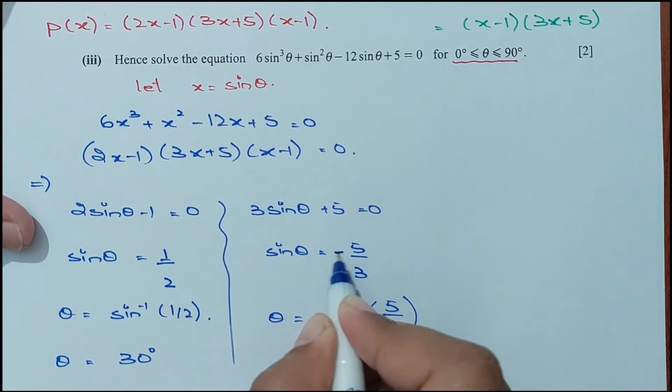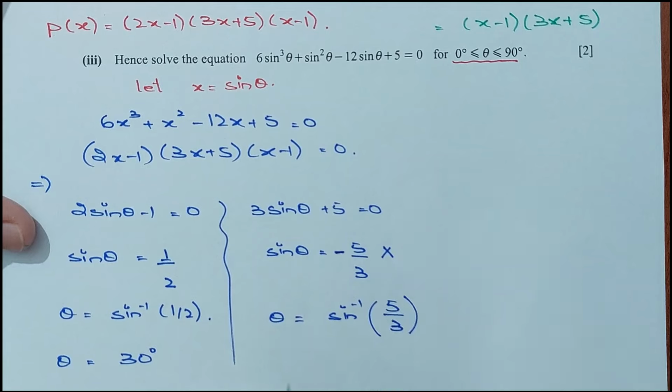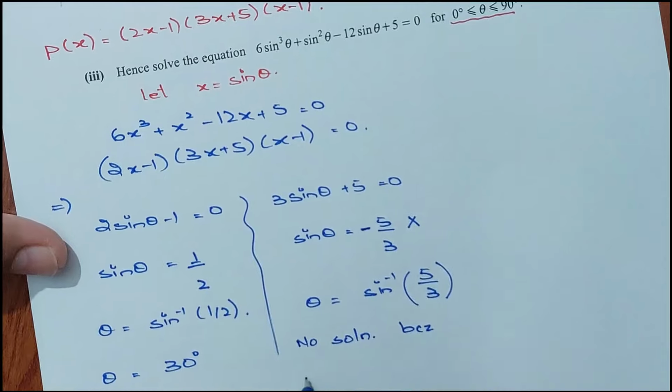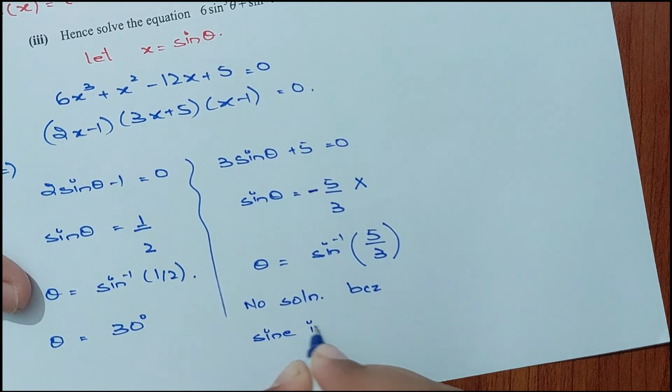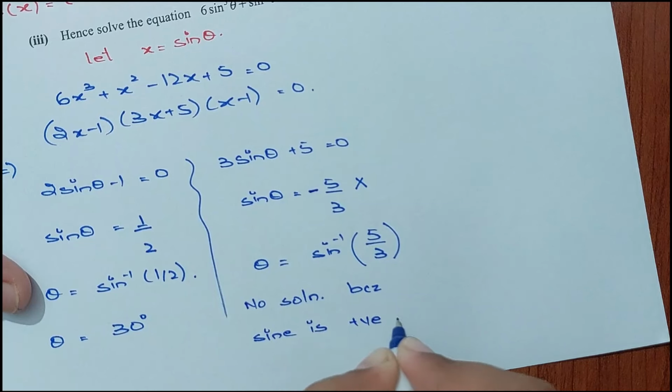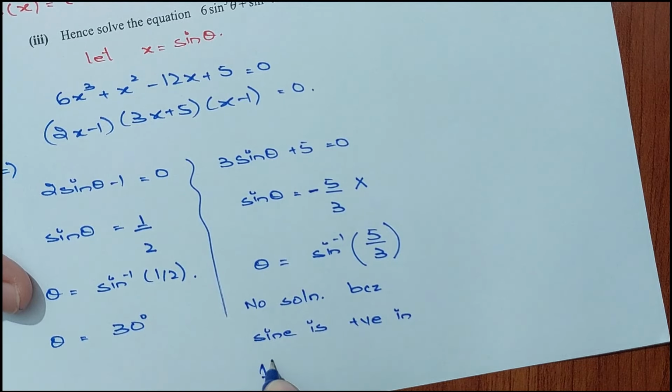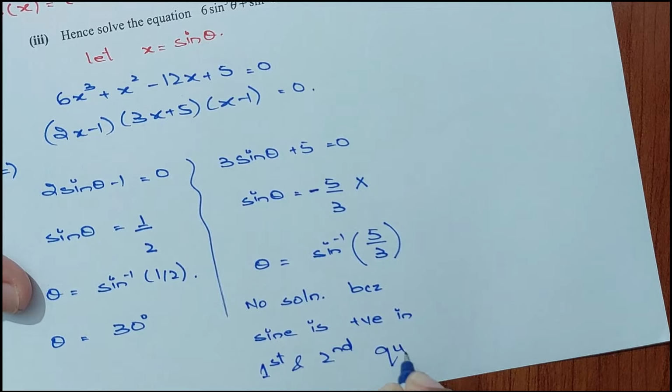Here sine is negative, so we are getting no solution from here, because sine is positive in the first and second quadrants.